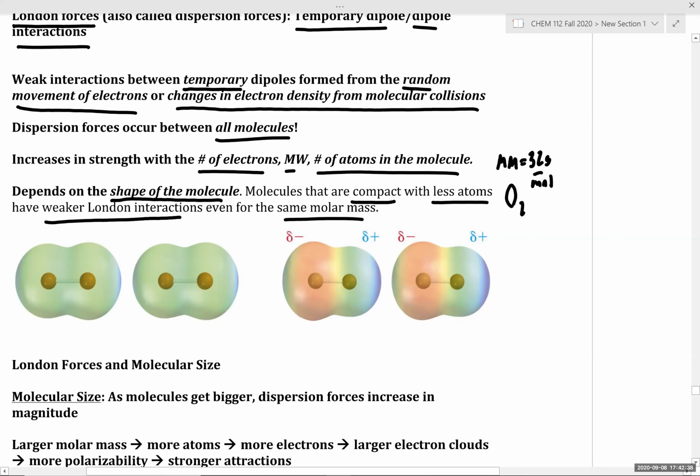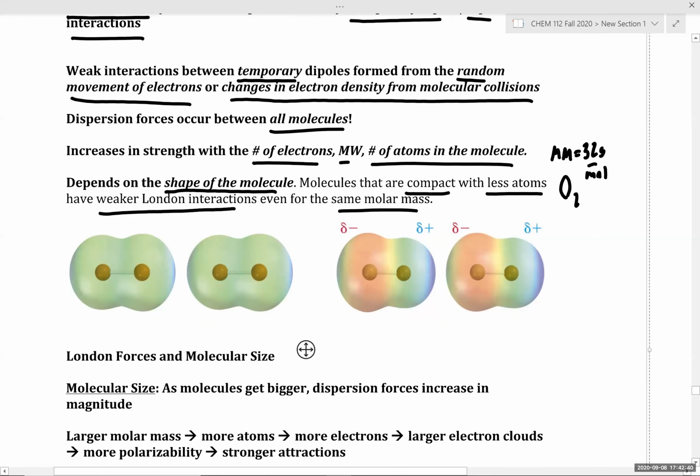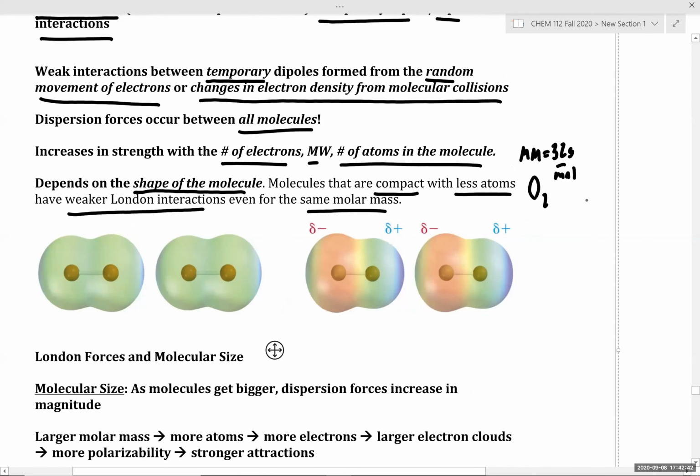If we compare oxygen to, for example, argon, which has a molar mass of about 40 grams per mole, we would find that because argon only has a single atom, we cannot distribute our electron density over as many atoms.